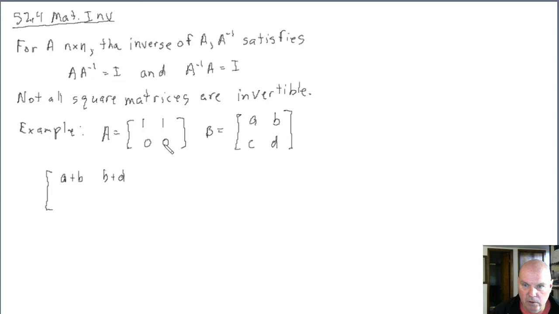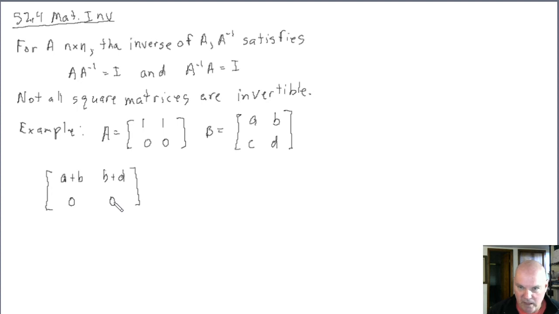And then if we look at the bottom row, which is all zeros, times the first column and the second column, we get this result. Now, again, B is completely general, so we see from this result that it's impossible for this to be equal to the identity matrix, which has a 1 on the diagonal.